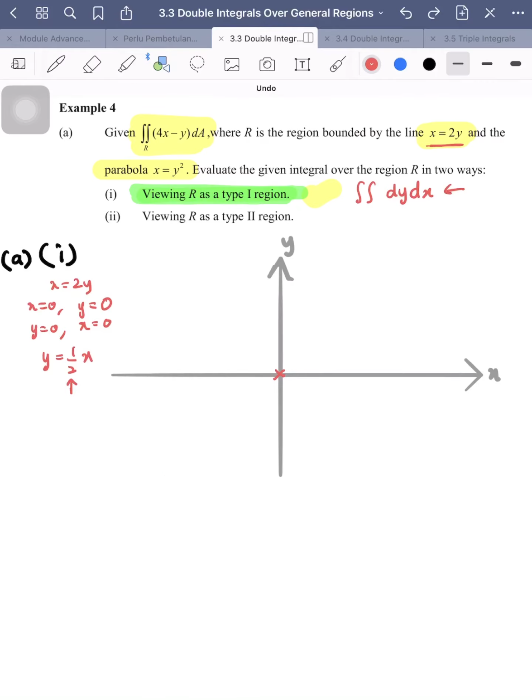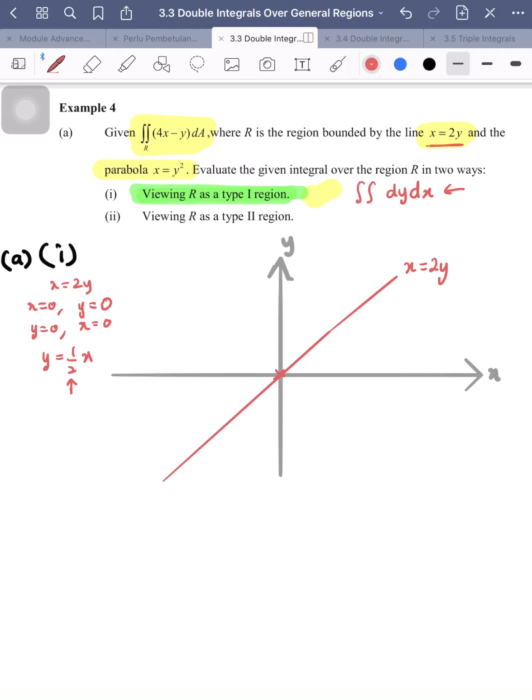Okay, so this is your line. Please label your line so that you're not confused with the other line later. So this is your first line, and the next line is a parabola, x equal to y squared.